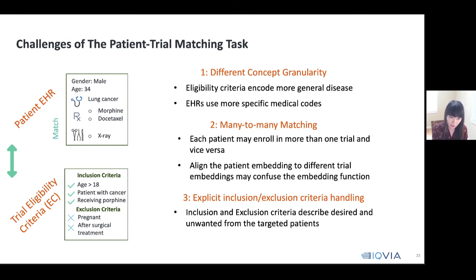They describe what are desired and unwanted from a target trial. The same sentence may have completely different meanings and lead to different patient cohorts depending on which category it belongs to. So we really need to explicitly handle the two type of criteria.